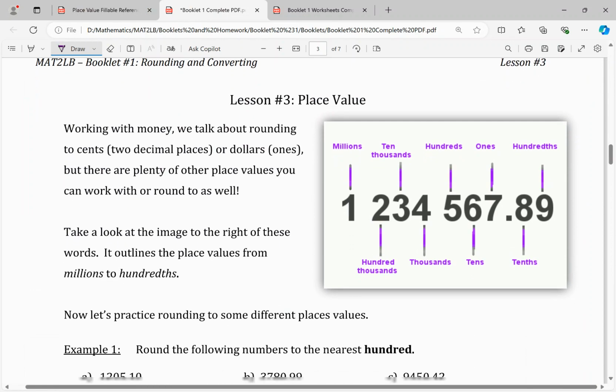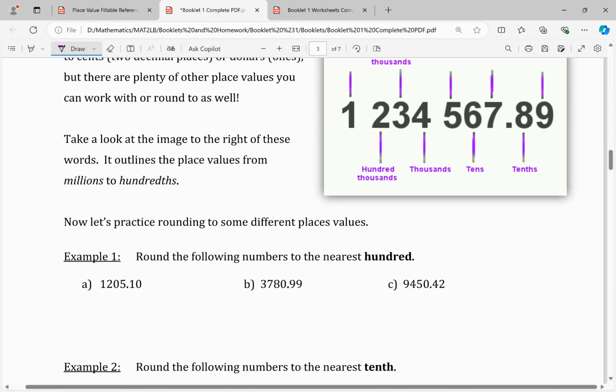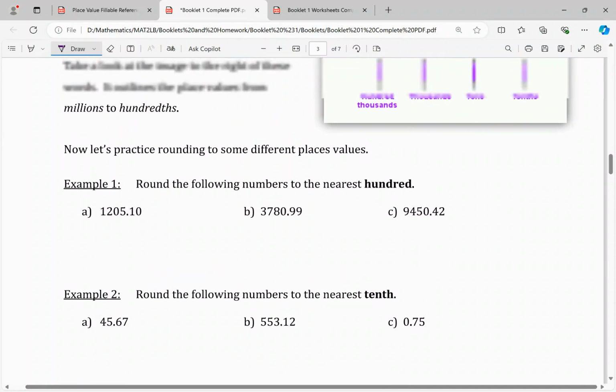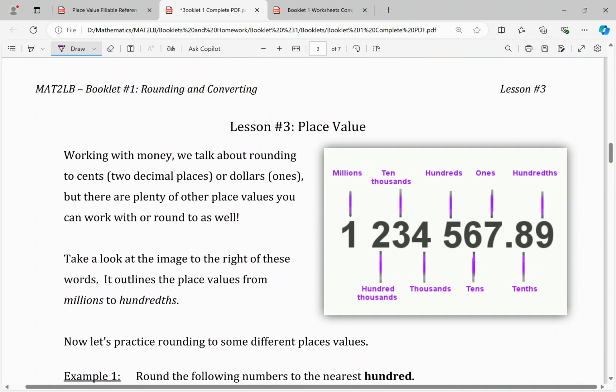In this lesson, I will be asking you harder questions like round to the nearest hundred or round to the nearest tenth. So the first thing that we need to talk about is what these words mean.